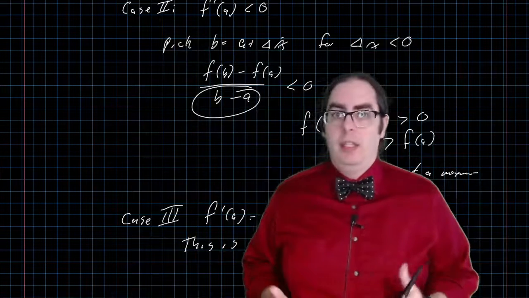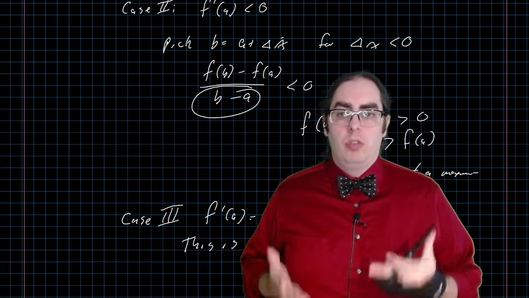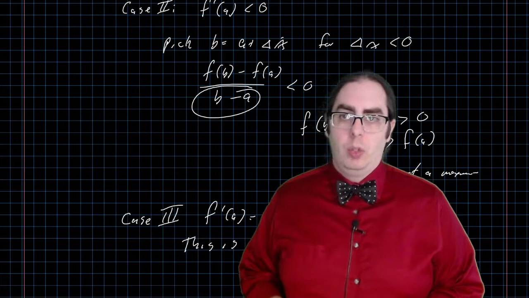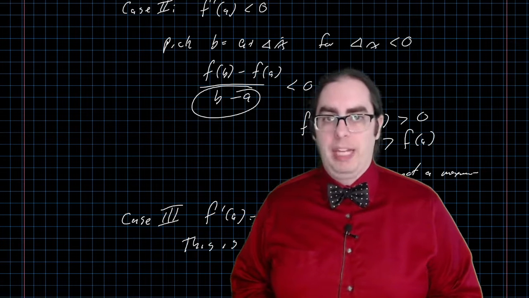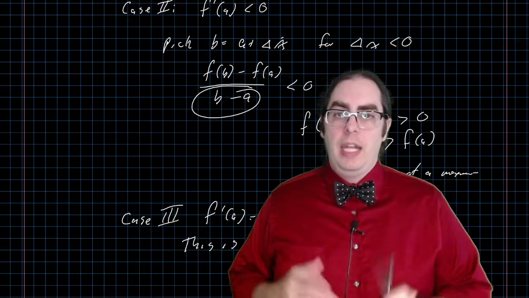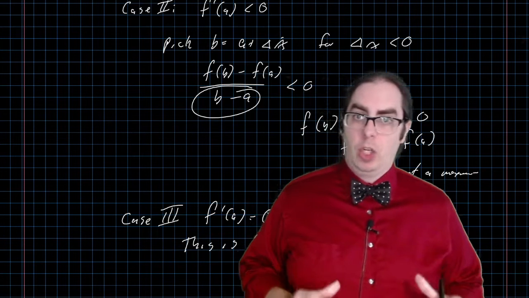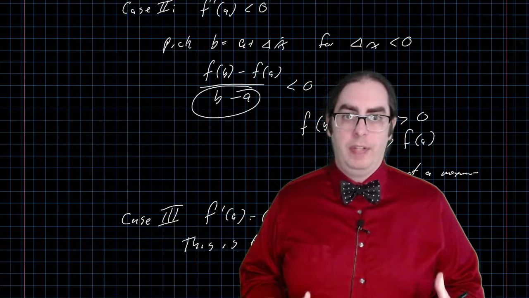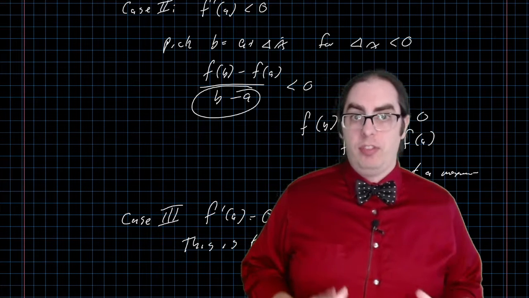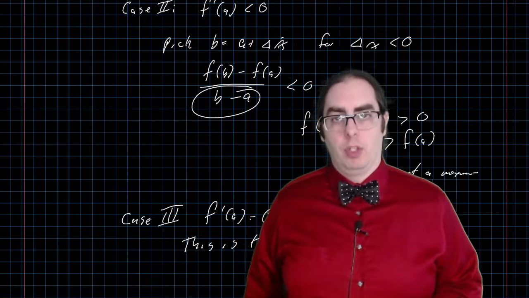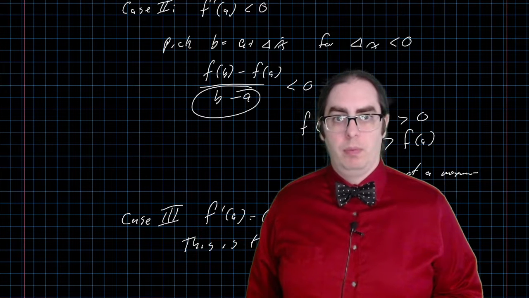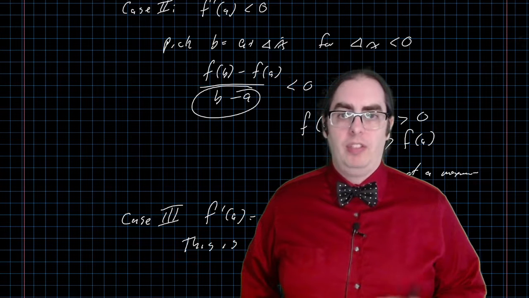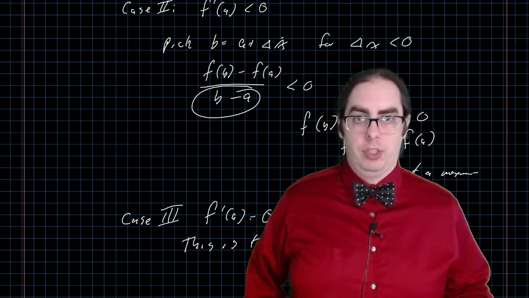And here again, the particulars of the statement of the theorem are going to work in our favor, but we have to be careful about them. Every extreme value occurs at a critical point where the derivative is either zero or undefined. That is not the same thing as saying that every critical point is an extreme value. When we're talking about conditions in mathematics, we often use the phrases necessary and sufficient.